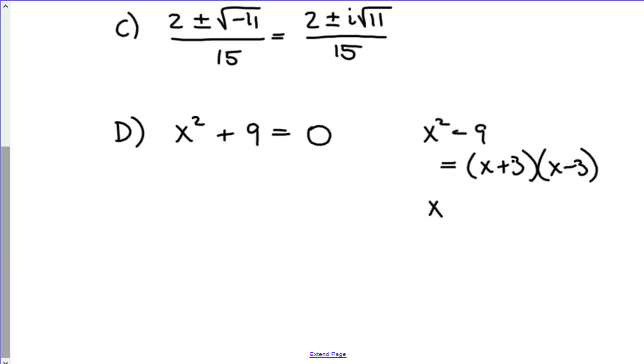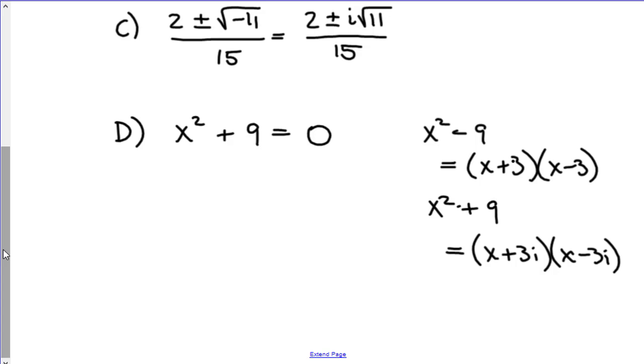And we said that the sum of squares is not factorable. We basically called that a prime polynomial. However, it actually is factorable. It just happens to be factorable into the complex numbers. So this is actually x plus 3i, x minus 3i.